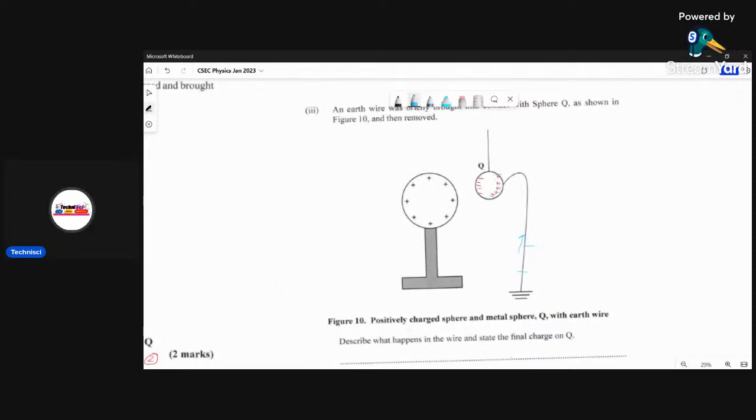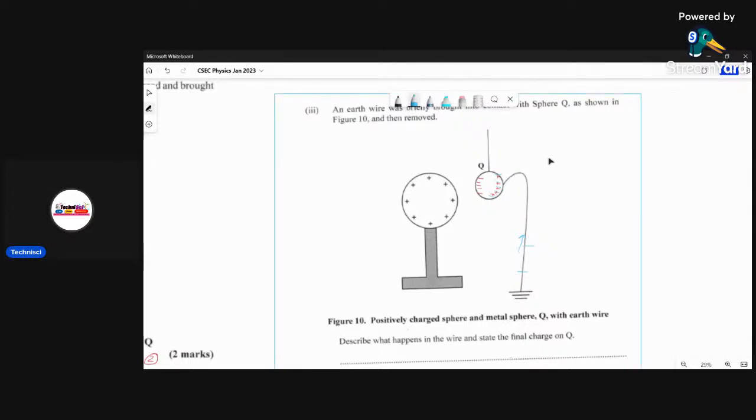So it's balancing the excess positive charges that were here by allowing negative charges from earth to flow to that side. So now this side is neutral.